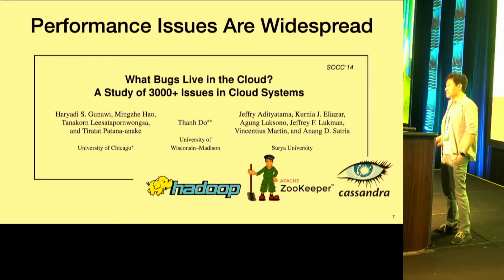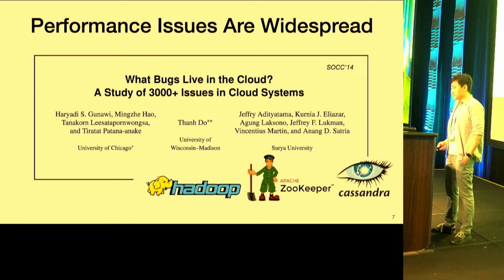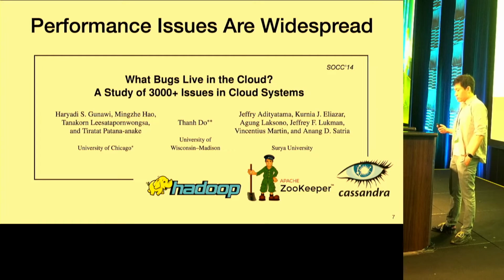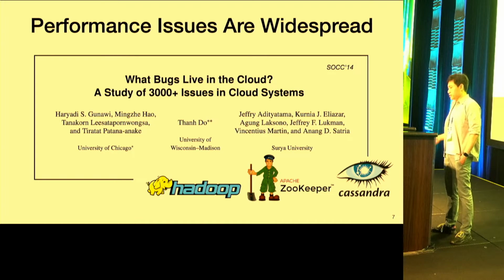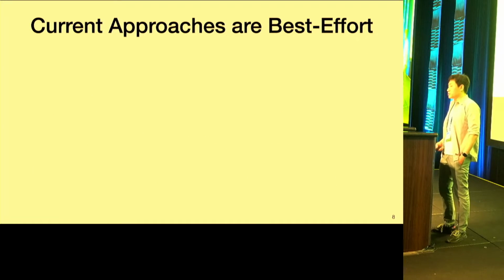Performance bugs like these are not only catastrophic, but are also very widespread. A 2014 study shows that over 22% out of the 3,000 bugs studied are performance bugs. And these are all in very popular systems such as Hadoop, ZooKeeper, and Cassandra. Judging by this prevalence, it is clear that current approaches to prevent such bugs are inadequate.